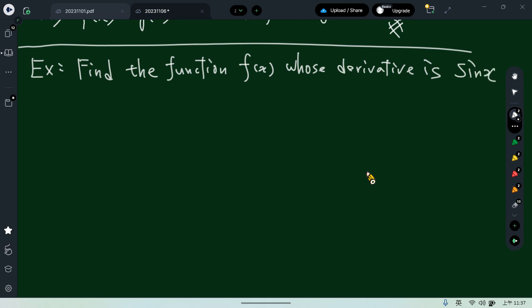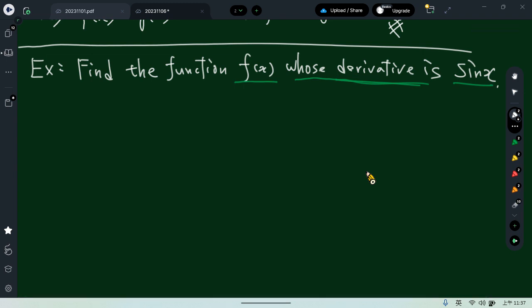That means I don't know what f of x truly is, but I know its derivative is sine x. Okay, so this is the first statement.